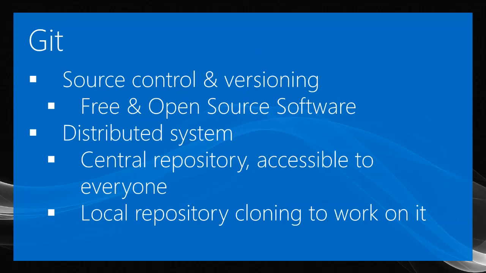So you'll pull down the repository with all the content. You can start working with the files or ARM templates locally, and once you're done changing the code, you can push it back. So this is how Git works.